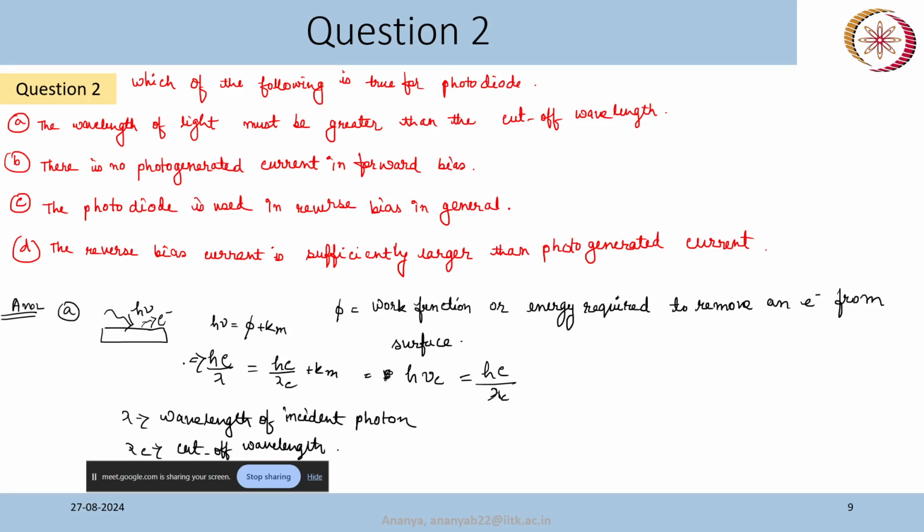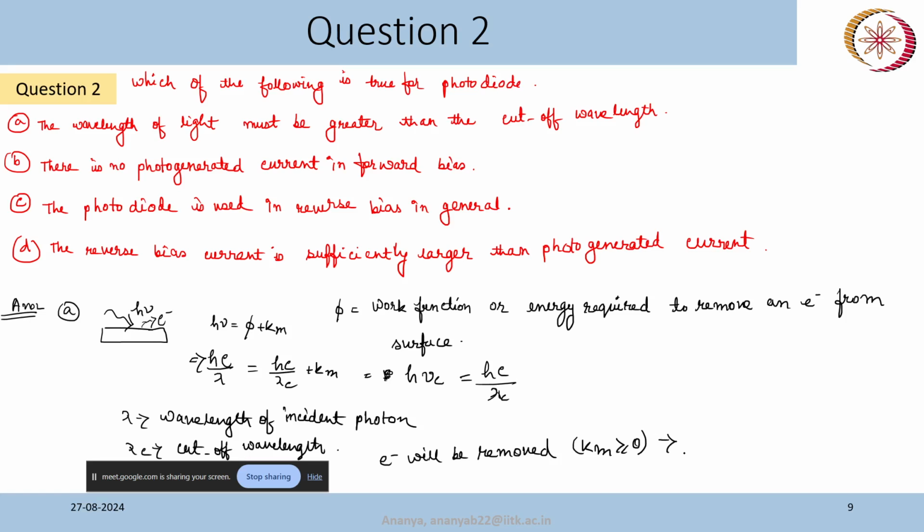Now an electron will be ejected only when this term is greater than this term, that means Km is greater than or equal to 0.